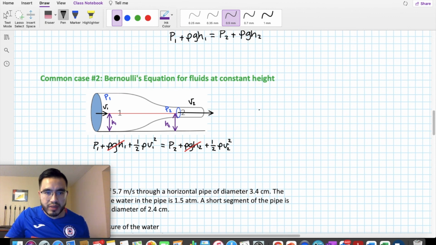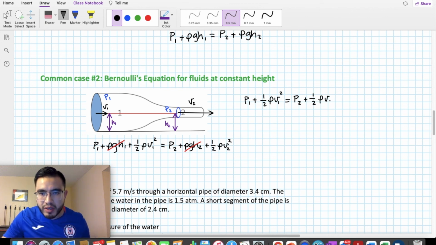And we have this very convenient formula, which is pressure 1 plus the kinetic energy, 1/2 rho V1 squared, equals pressure 2 plus 1/2 rho V2 squared. That is Bernoulli's equation when you have fluids at a constant height.